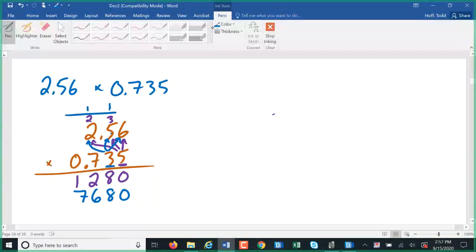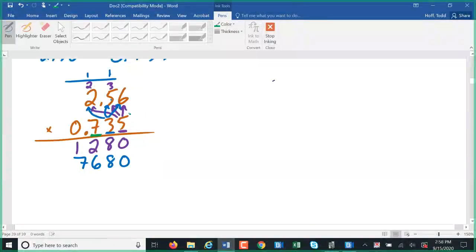I'm done with that one, so now I'm going to move over to the next digit, which is the 7. Now, technically what we were told was not that we just have to add a 0, but we actually have to add a 0 or move over a spot for every digit to the right of the one we're working with. There are 2 digits to the right of the 7, so we have to put in 2 zeros down here.